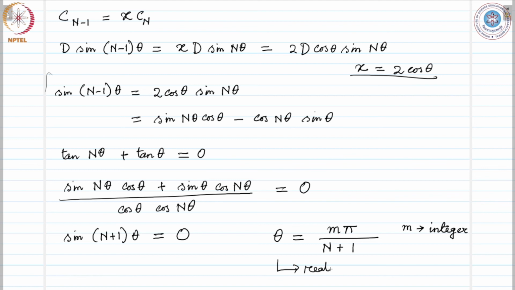And now if we find out the allowed values of E, allowed energies, for this linear chain of hydrogen atoms with finite number of, that is n number of hydrogen atoms.